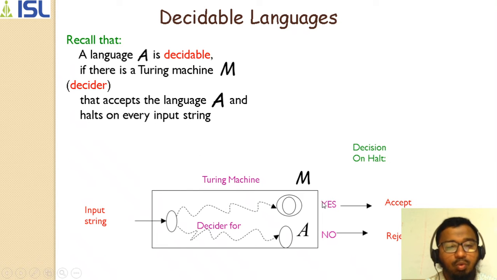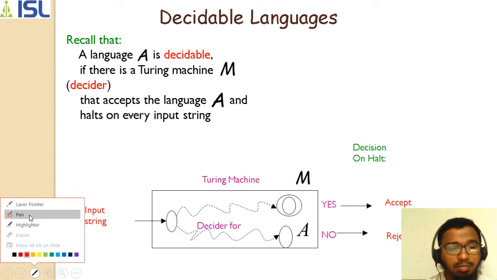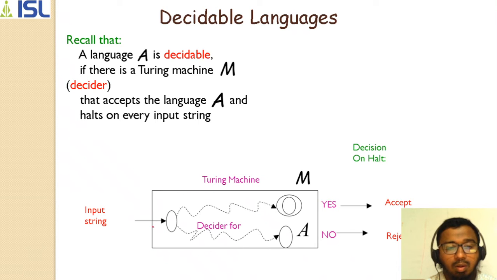Like this is a Turing machine M. This box is a Turing machine, and here this is one state and it is going to the final state, and here A.